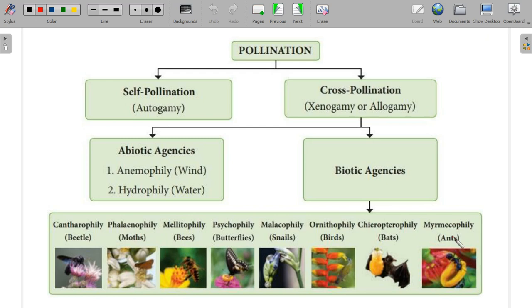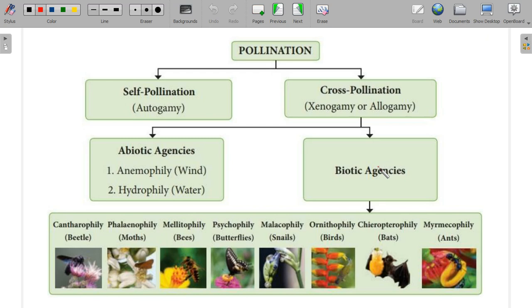Now, I want to ask you a question, children. Among wind, water, and biotic agents, which has the nervous system to perceive stimuli from the environment? Biotic agents, only biotic agents. So when we take a flower, it must be in such a way that it attracts the biotic agents.